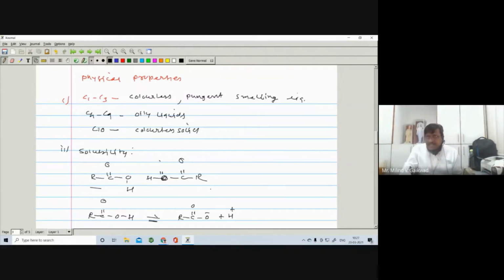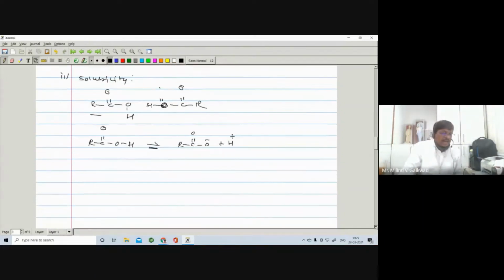Carboxylic acids are acidic in nature. It forms an H plus ion, and carboxylic acids also undergo dimerization, so they have a somewhat higher melting point and boiling point.